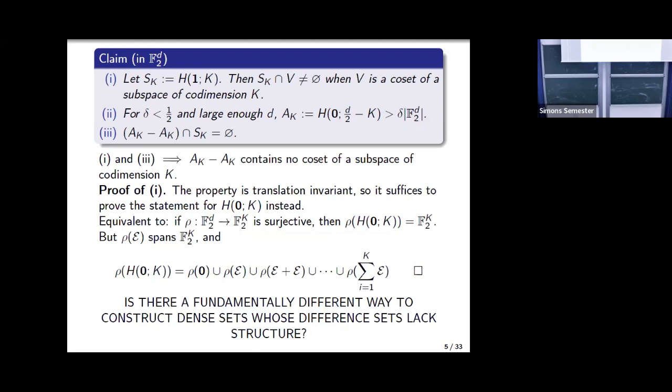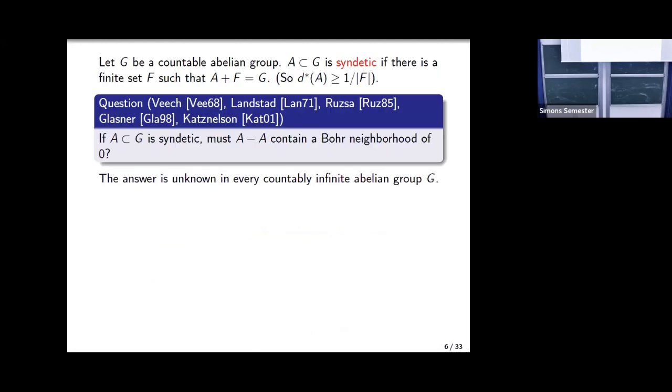Okay, so now I want to go on and talk about Katz-Nelson's problem. The combinatorial version of Katz-Nelson's problem, which some people can squint really hard at and find in this paper by Veech from 1968. Jonathan mentioned this paper in his mini course talk, but people say that this question is in there. This question is explicitly in Landstat, Ruja, Glasner, and Katz-Nelson. It's now known as Katz-Nelson's problem.